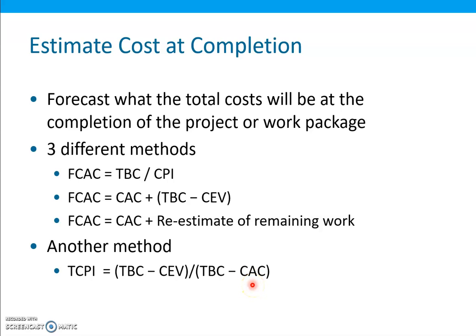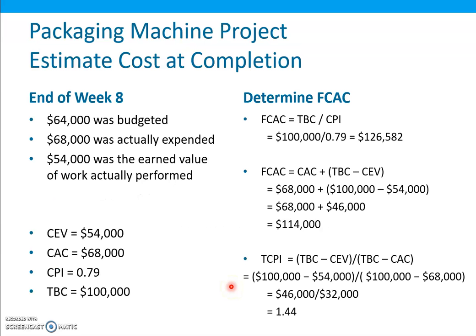What is the amount spent, and what is the difference? In this case, you can see the to-complete performance index is 100 minus 54,000 over 100 minus 68,000, so it will be 1.44.